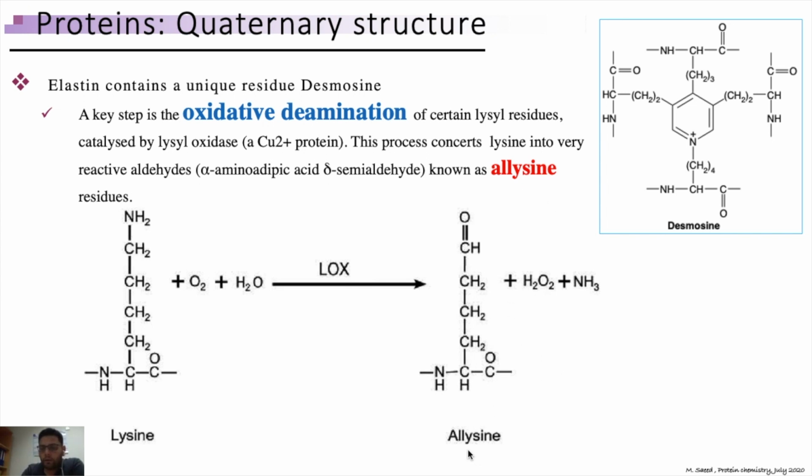So the combination of allysine and lysine is imperative for the formation of this desmosine, and these interact to give rise to this cross-linking.